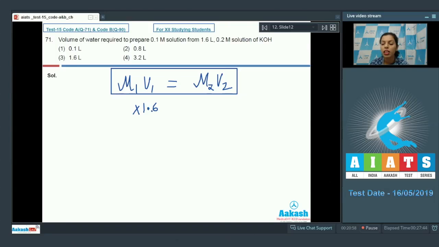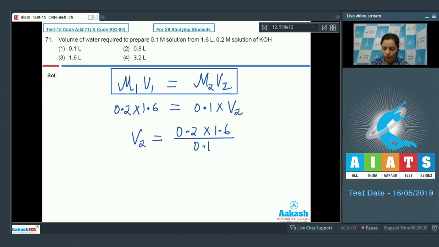M1 is 0.2, and you just want to change its molarity to 0.1. Now what would be the volume here? V2 is equal to 0.2 into 1.6 divided by 0.1.